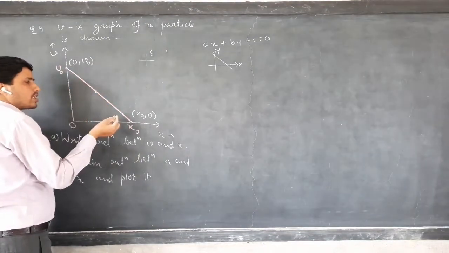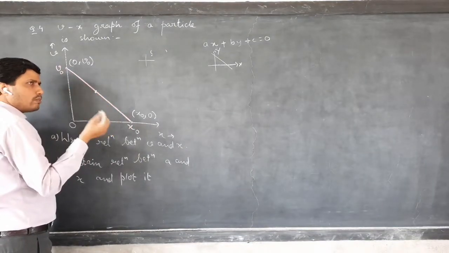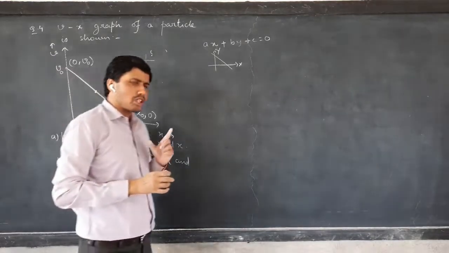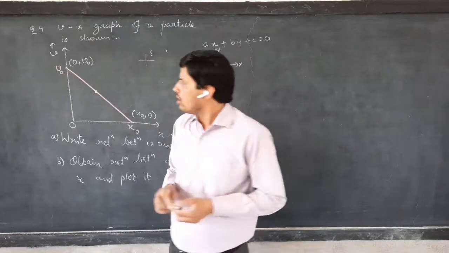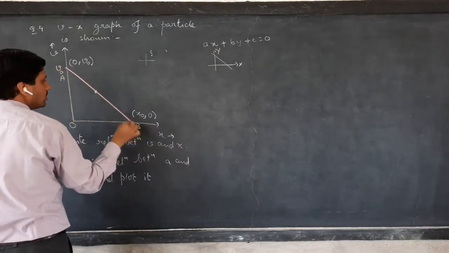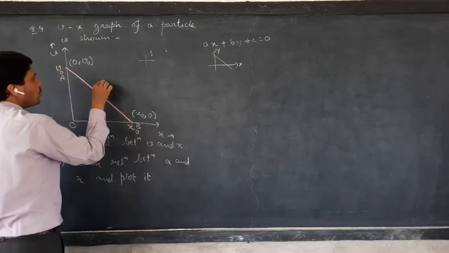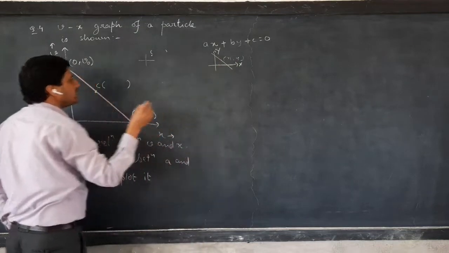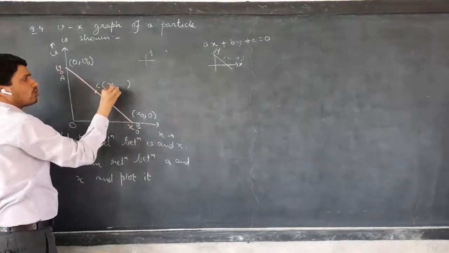If you have not read straight lines, and you're not familiar with the equations, then also if you are just acquainted with the concept of slope, you can write the equation. Let me name these points A, B, and this point C, whose general coordinates we write as x comma v.